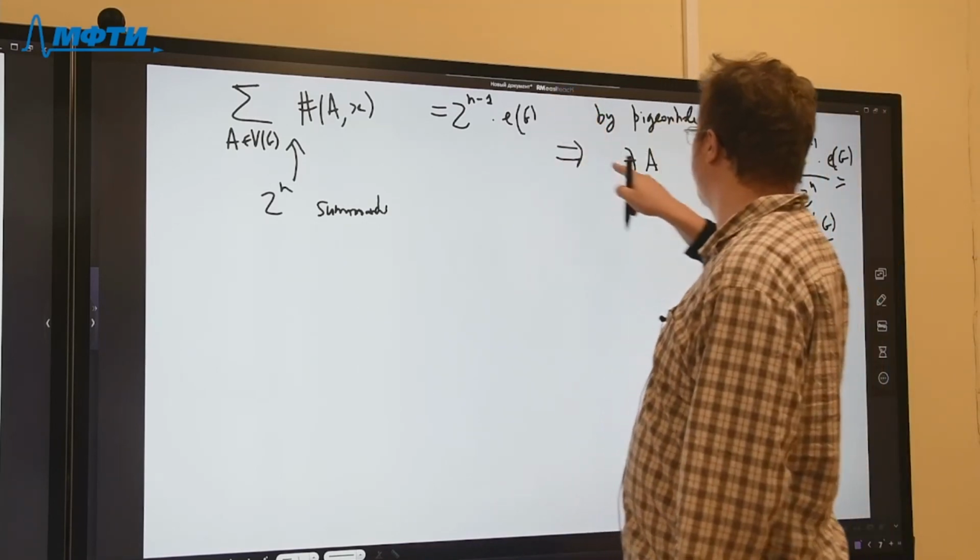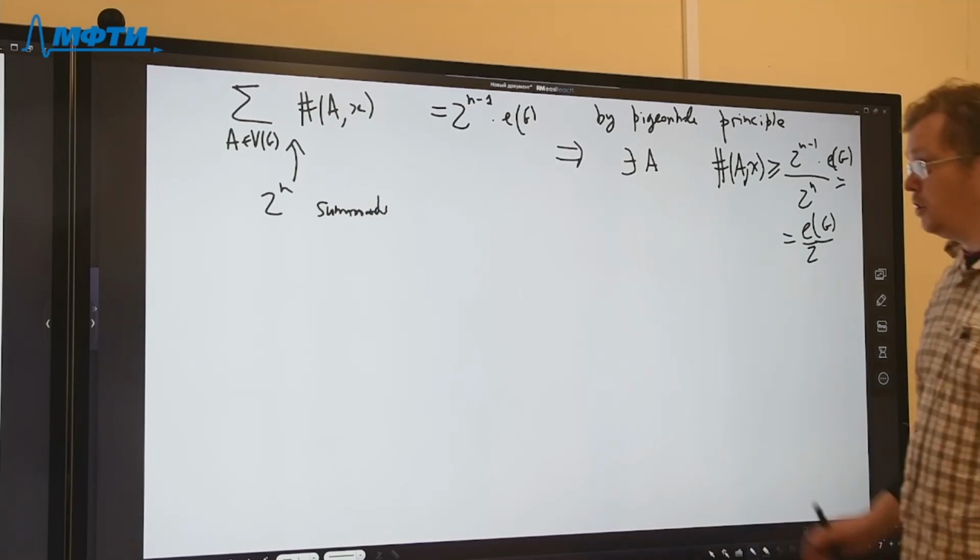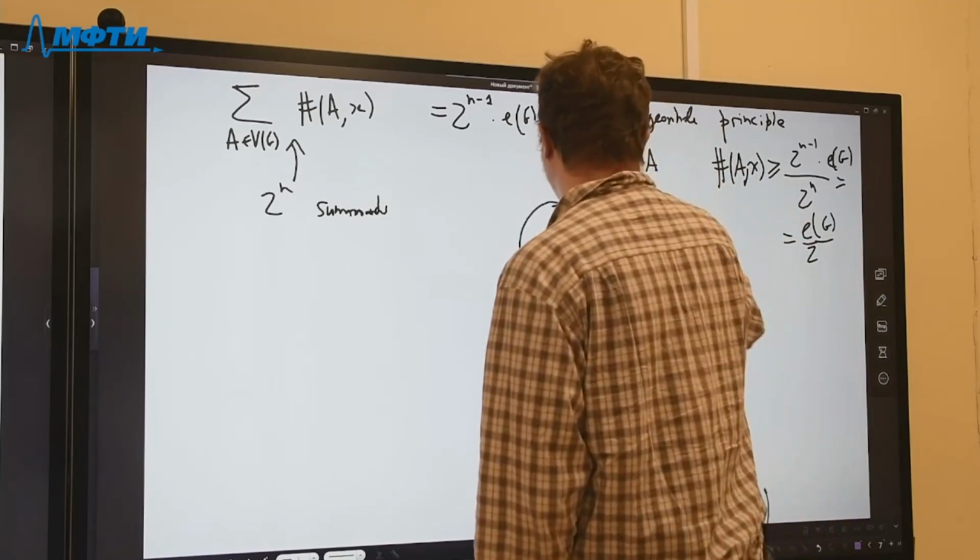So we want to find a subset A of vertices such that the number of edges going out of A is greater than or equal to half of the edges in graph G, which is exactly the situation that we want to achieve.